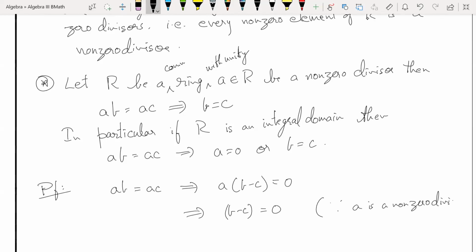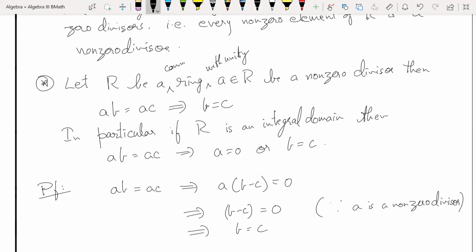A non-zero divisor means that if you multiply with something non-zero, it can't become zero. If there was some non-zero element such that you multiply with A and it becomes zero, A would be a zero divisor. Since A is not a zero divisor, it precisely means B minus C equals 0, which implies B equals C.